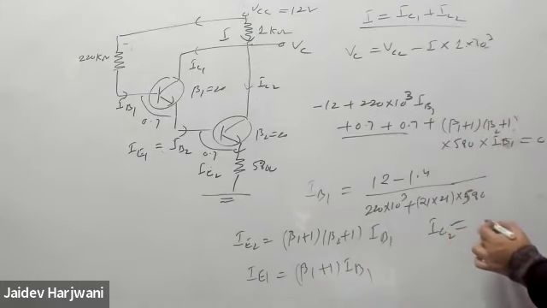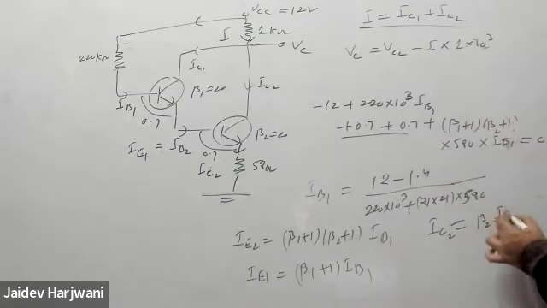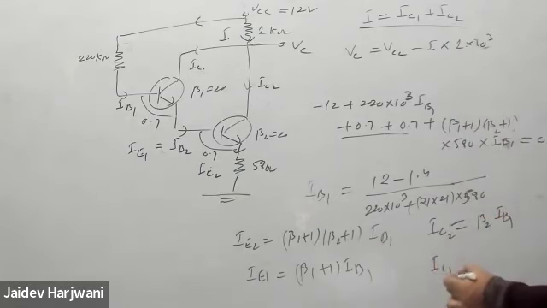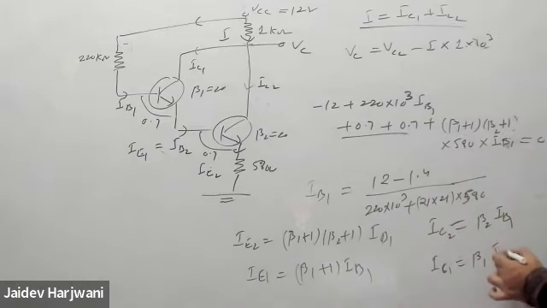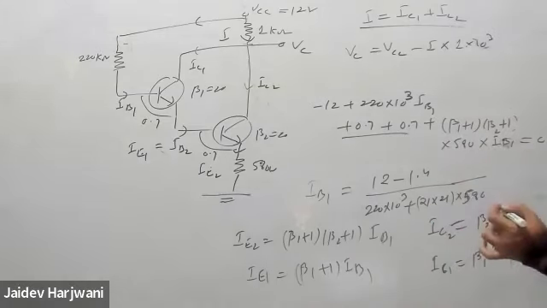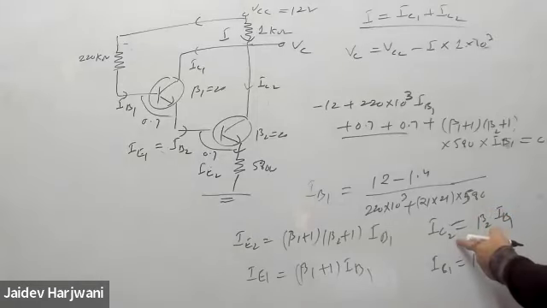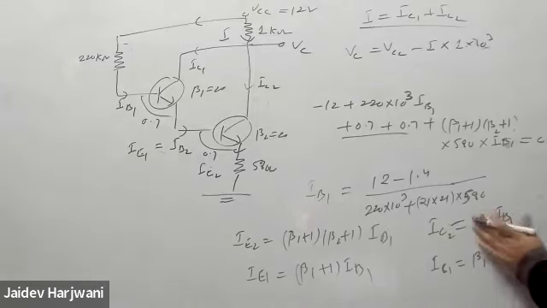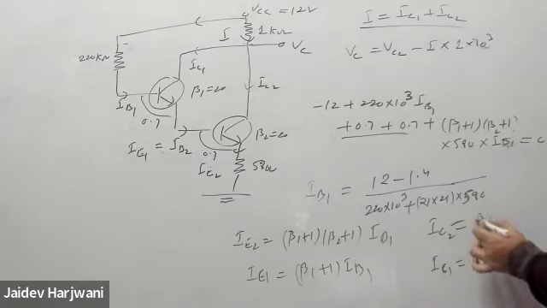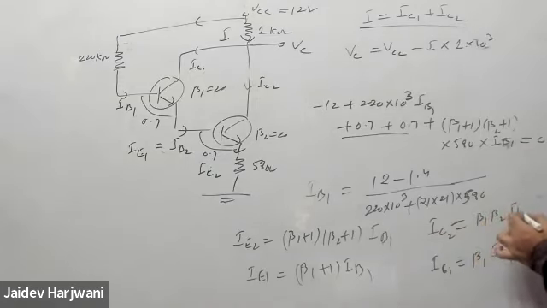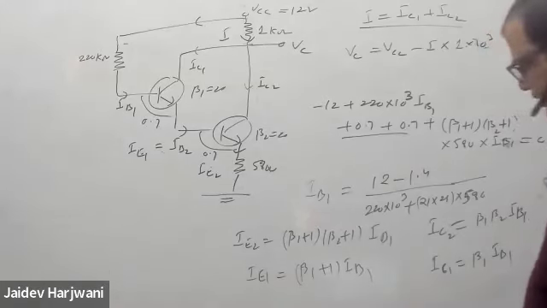IC2 equal to beta 2 IB2 and IC1 is equal to beta 1 IB1. IC2 will be what? IC2 will be beta 1 plus beta 2. IC1 will be beta 1 beta 2 IB1. Yes or no? Tell me. Is it correct or not?